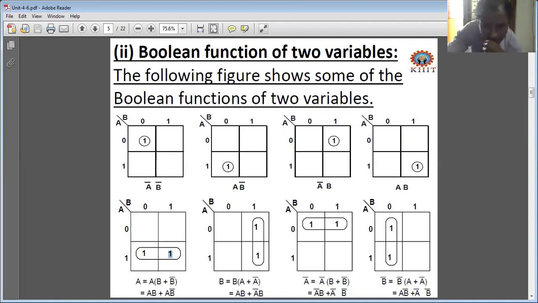Now in this case, this one is AB bar plus this one is A bar B. Here this one is A bar B bar plus this one is A bar B. Here this one is A bar B bar plus AB bar. Like that you can write.